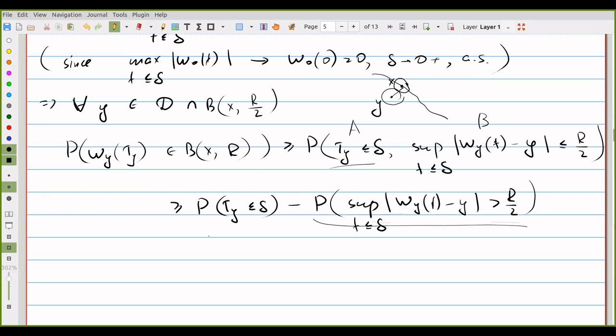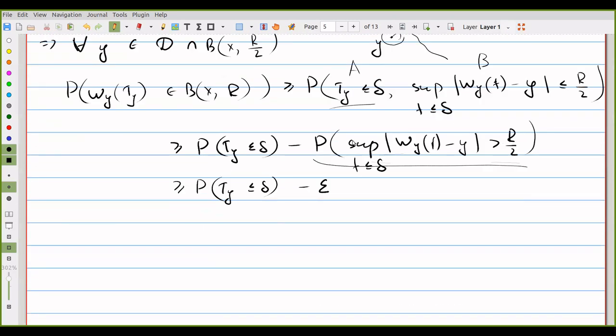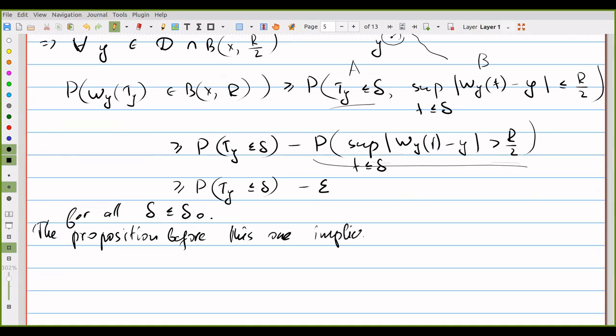But now this is small, so it's greater than minus epsilon by the first condition, for all delta less than delta 0. And by the previous proposition, this implies the claim, because this goes to 1.